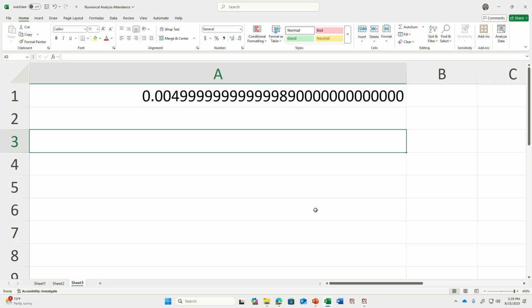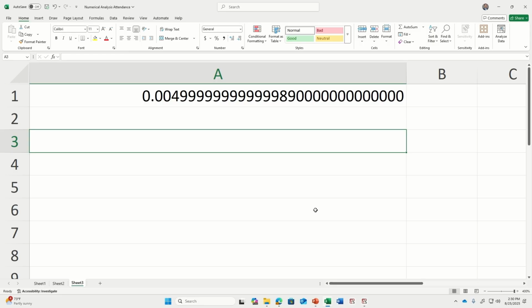Excel thinks the answer is 0.0049999999999989. Do you know why that's happening? Because Excel can't represent the number 0.005 in an IEEE double precision floating point data type.